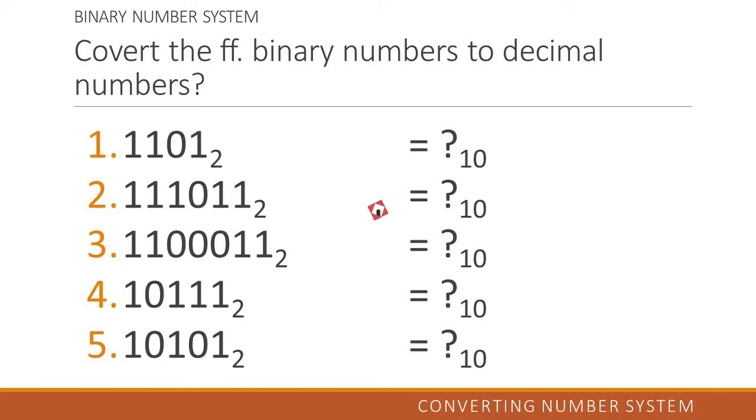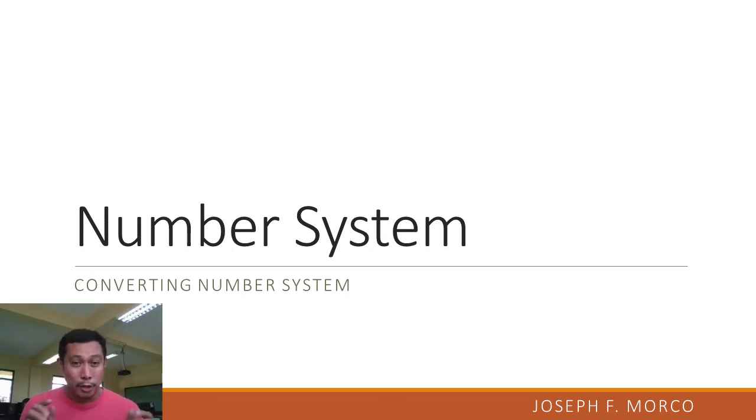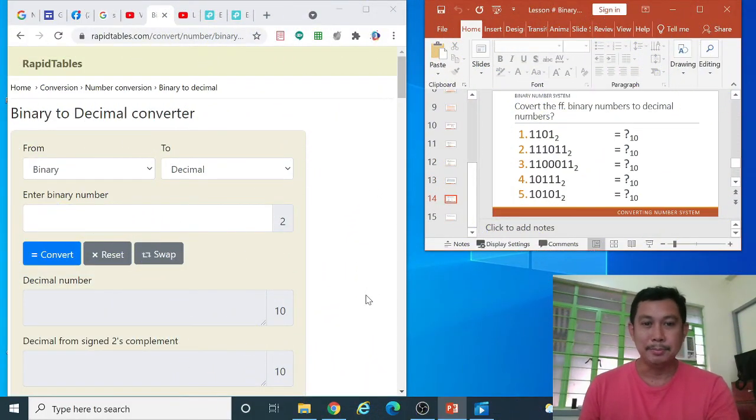I'm going to check your answer. Hello, I'm back. I hope you are doing well with your problem. So now, let's check whether your answer is correct. In order to check that, we will be using a website, www.rapidtables.com.